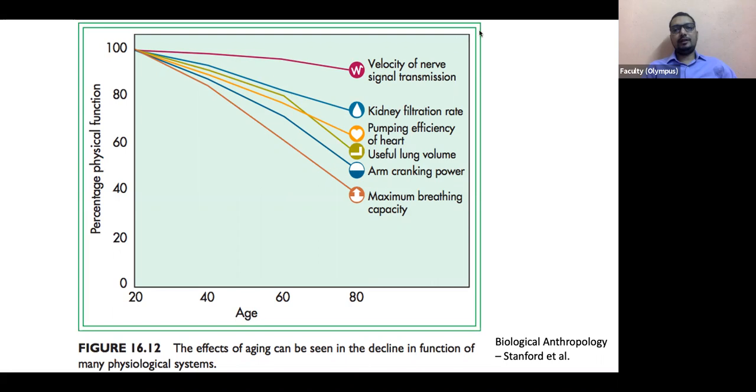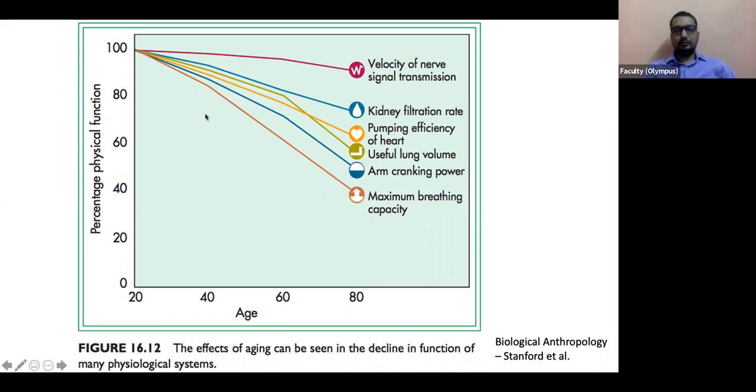So kidney filtration rate decreases. Velocity of nerve signal transmission decreases, kidney filtration rate decreases, and the ability of the heart to pump blood also decreases. More or less, with little variation, you are seeing a steep decrease.